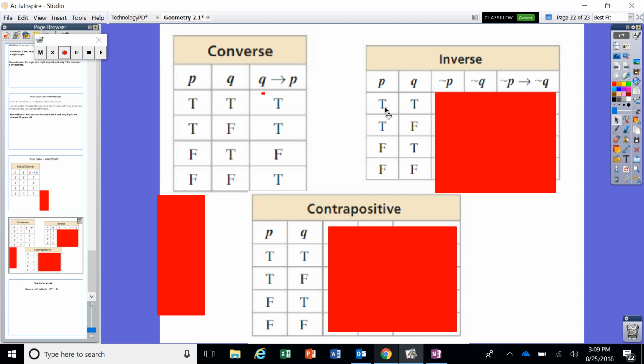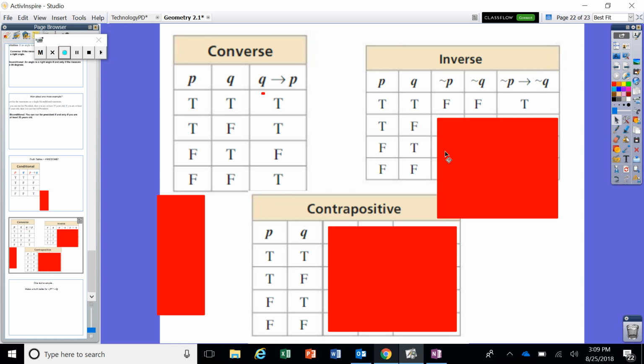Not P, so not true is false. Not Q means not true is false. So really, we have false implies false, which is true. Let's keep moving. Again, at any time, if you need to slow down and replay the video, by all means, go ahead.